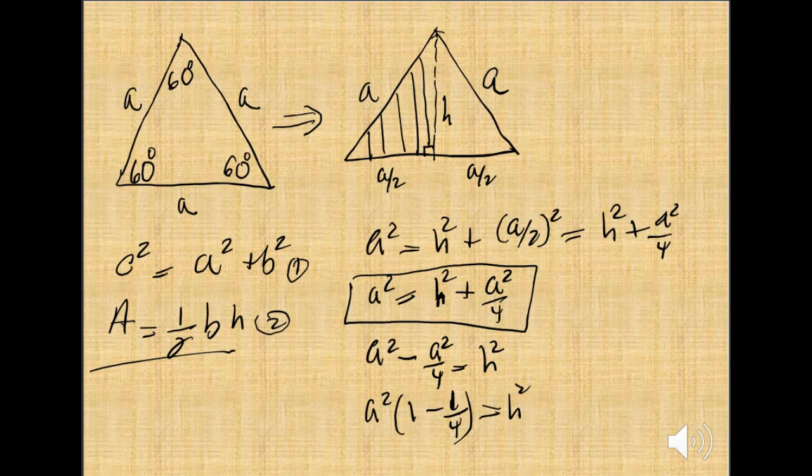So our previous equation was H squared is equal to A squared times 1 minus 1 over 4. And 1 minus 1 over 4 is 3/4.